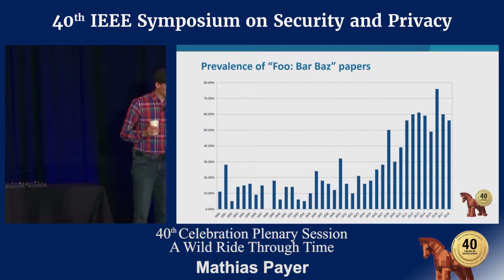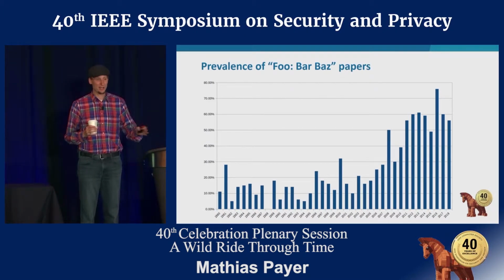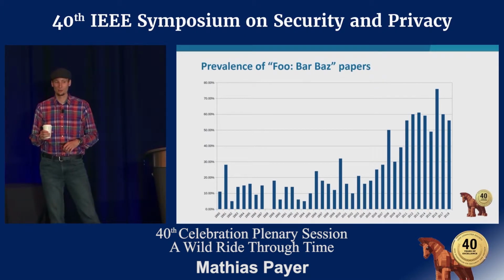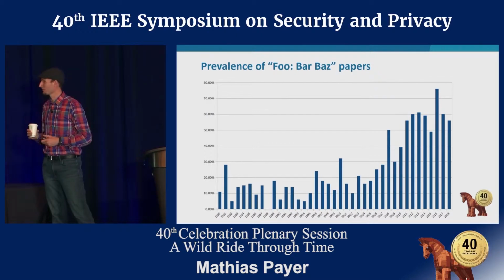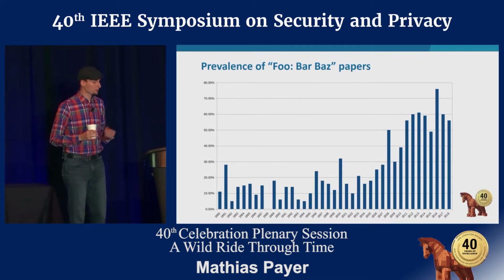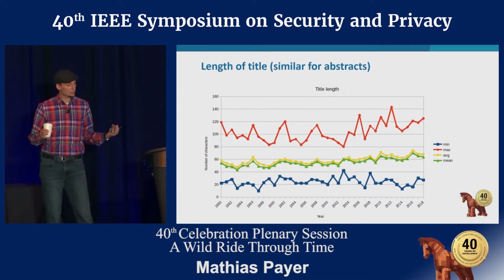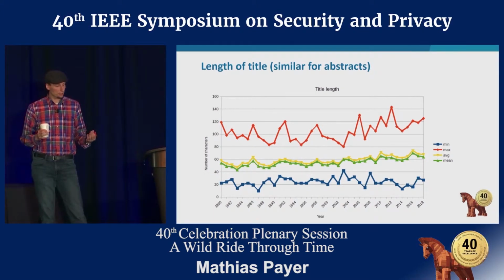And nowadays, more than 50% of the papers have a colon in there. So foo name, and then you follow up with something that sounds clever and gets your paper accepted. So there was a clear change in how titles are being written over the years. Now, if you look at the length of the title, it turns out the length is fairly stable, right?